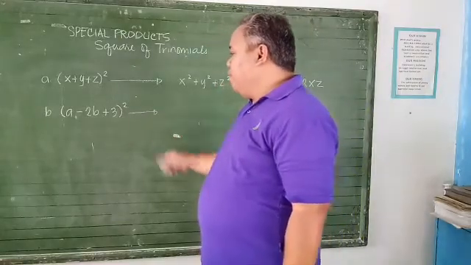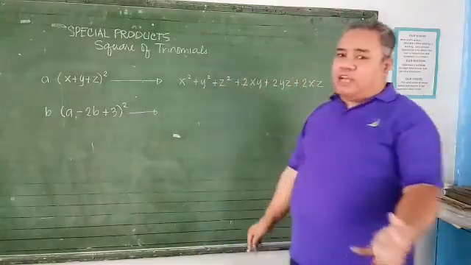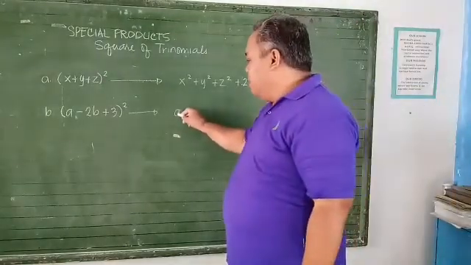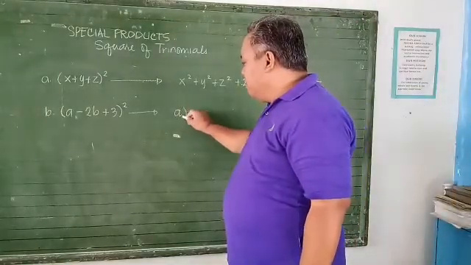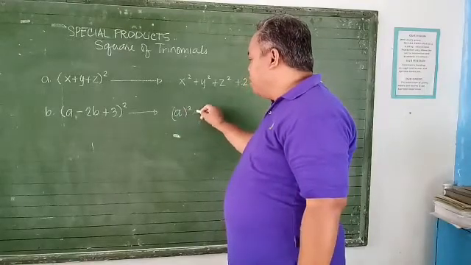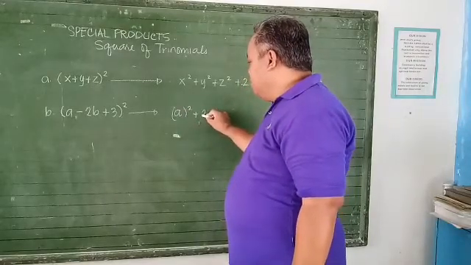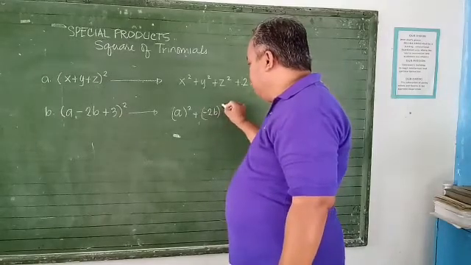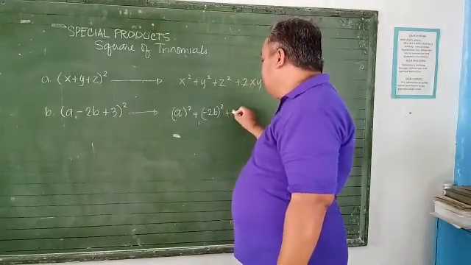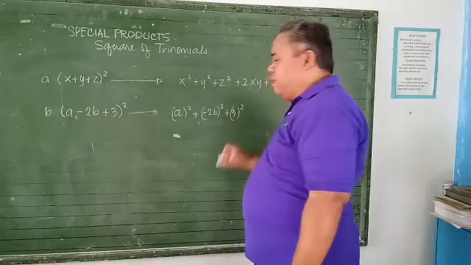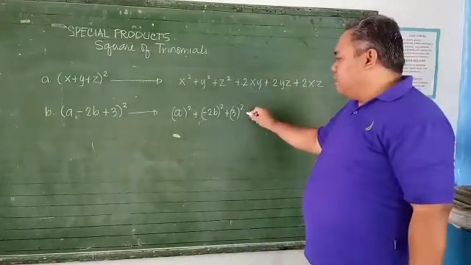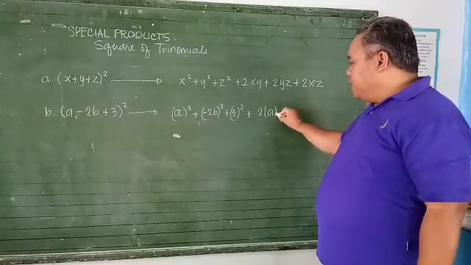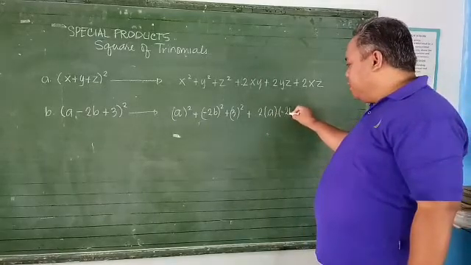Ilahin natin yung number. So first, ang unang gagawin is, we're going to square all the terms. So a squared, then plus 2, or negative 2, b squared, then plus 3 squared. Yan. Then plus 2, then a times negative 2b.